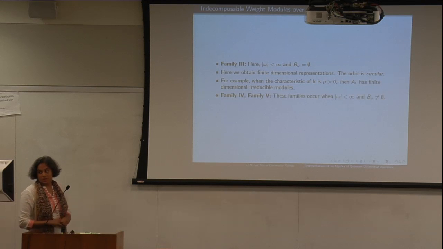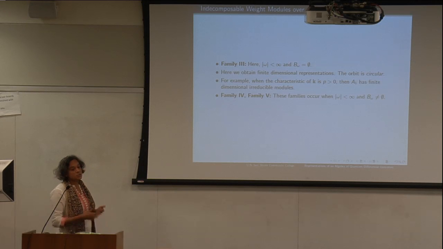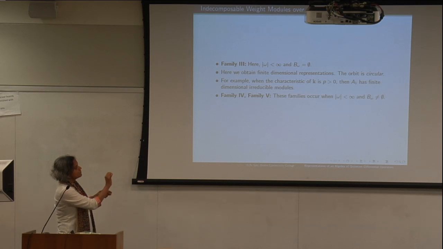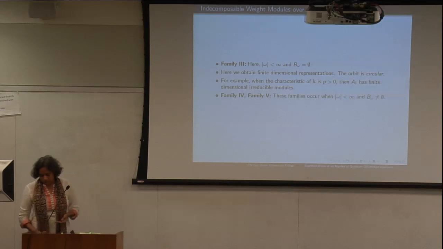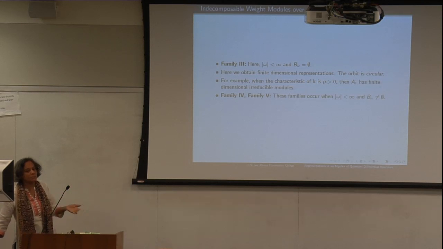Families 4 and 5 occur when your orbit is finite and you have breaks. I will not be able to do justice to the description here, but there are quite a few families. Okay, I will not say more. So there are basically 3 families when you have finite orbits.